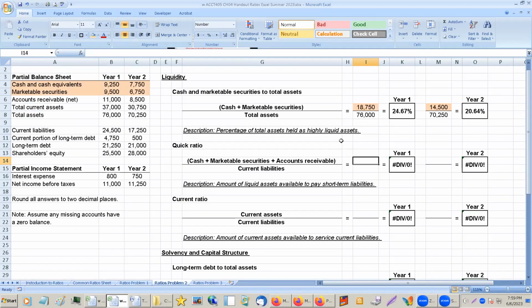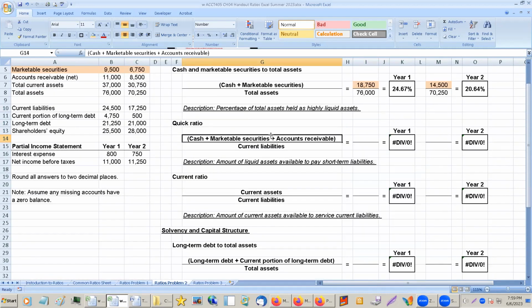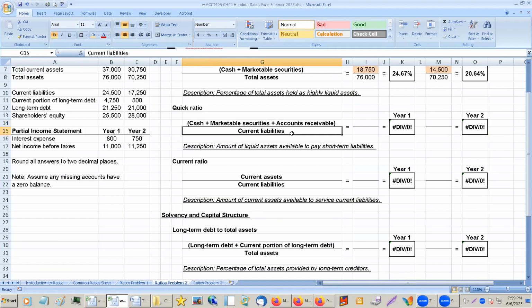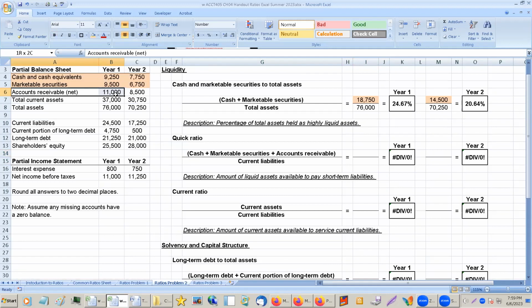Okay. Cash plus marketable securities plus accounts receivable. You can actually take your accounts receivable and go to the bank and sell them to the bank, get cash for them. Now, this is a little bit unusual in that it looks like these are all the current assets.